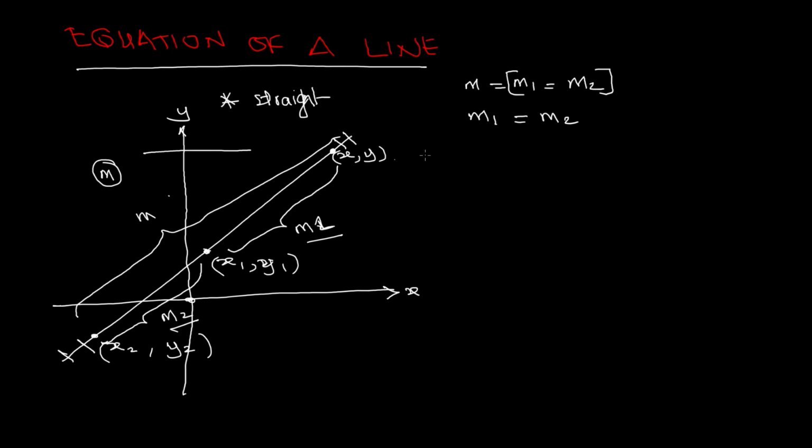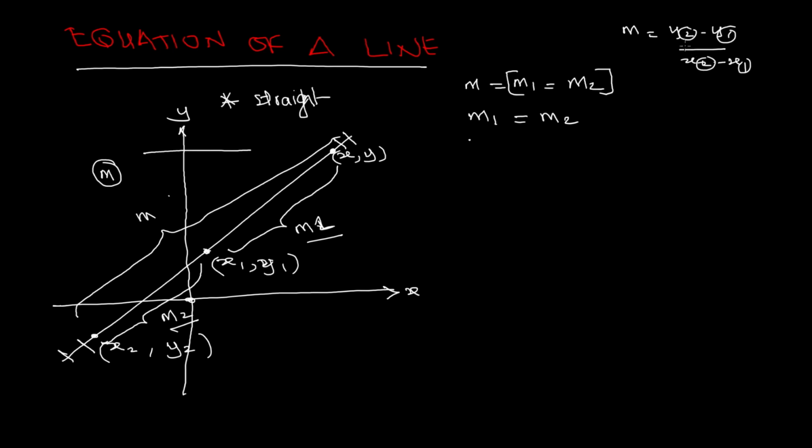So we start with this one. Remember the formula for the gradient: M is equal to Y2 minus Y1 over X2 minus X1. The ones together, the twos together.